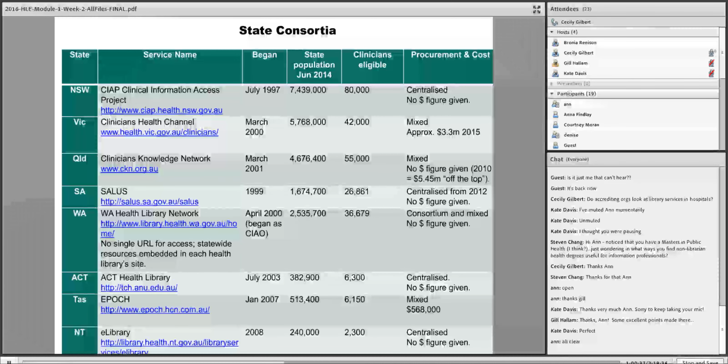But I think you can see from the approximate figures listed for Victoria and also for the Queensland group, the Clinicians Knowledge Network, or CKN, that we're talking about quite a number of millions of dollars, and it does seem likely that the figures we've got there are going to be a little bit higher than we were initially quoted. So you can see that we're talking about fairly expensive bundles of materials here.